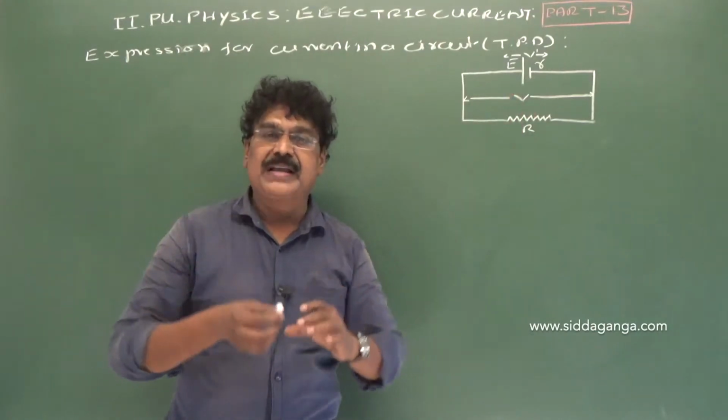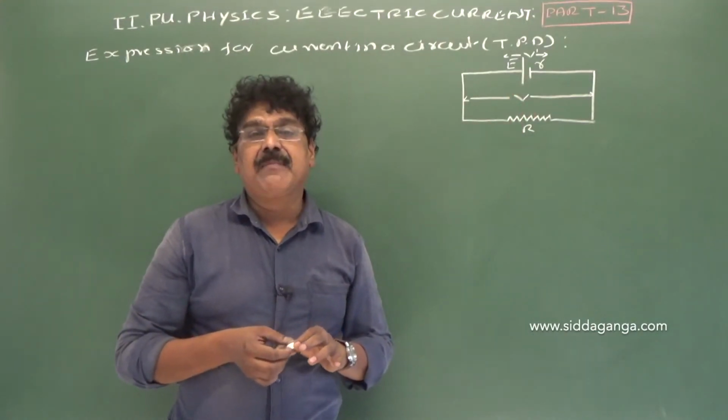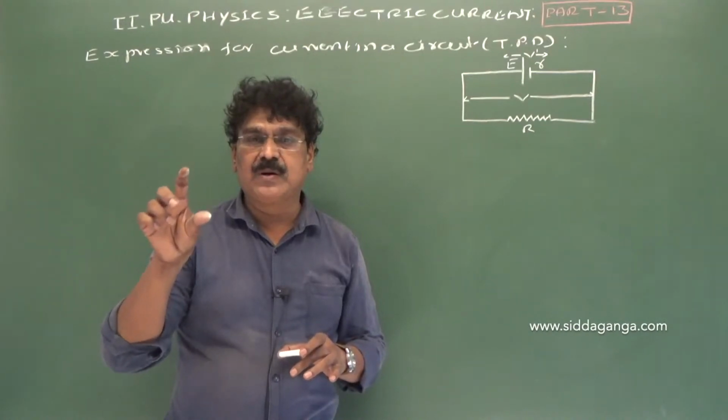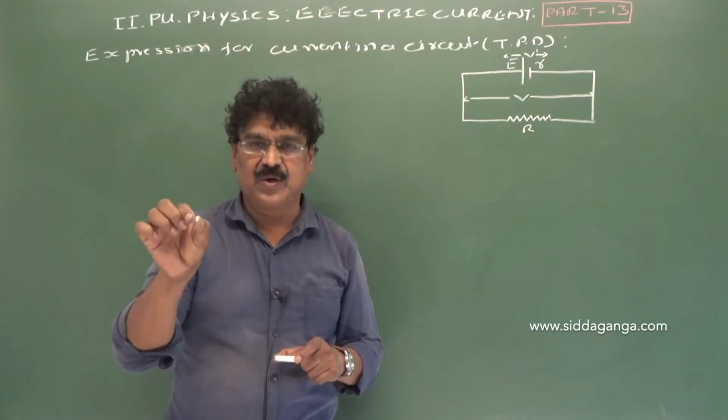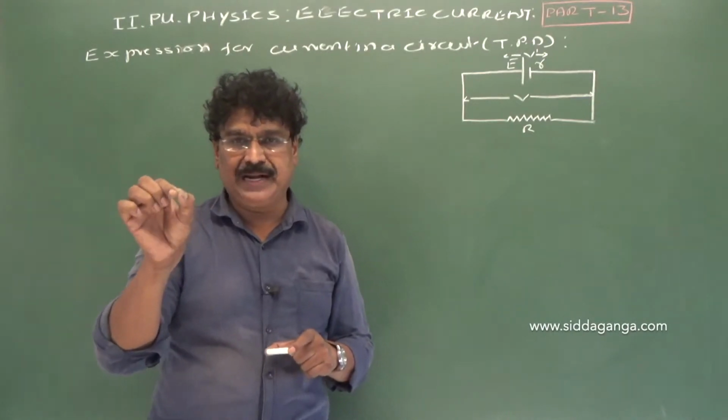By definition, what is EMF of a cell? EMF of a cell is the amount of work done in driving 1 coulomb of charge once around a complete circuit.